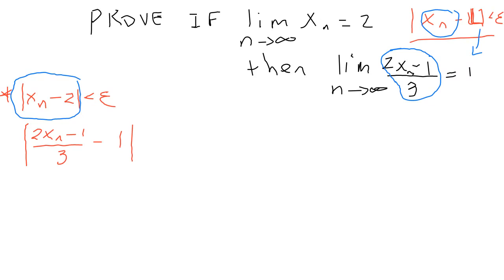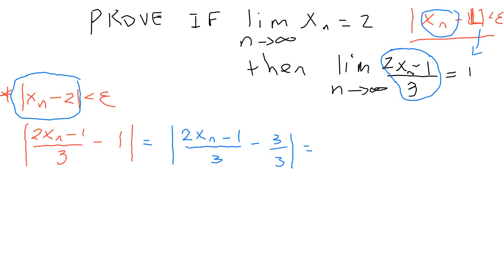So let's continue. I'm going to go as slowly as possible to make sure you understand it. This would be equal to 2x sub n minus 1 over 3. Fix up that 1. That 1 will also be 3 over 3, the same denominator. So that is 2x sub n minus 1 minus 3.